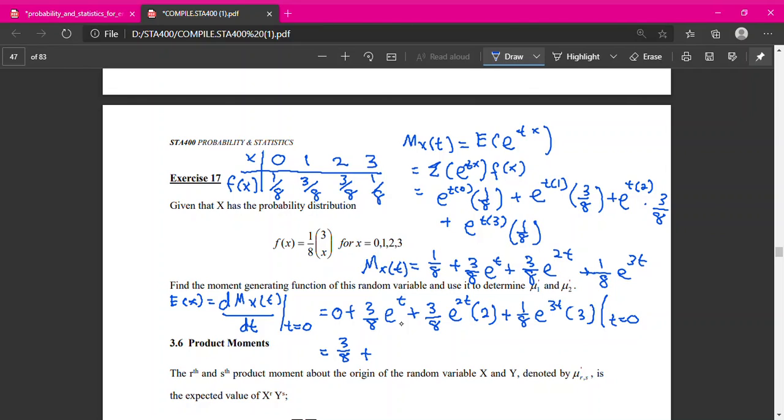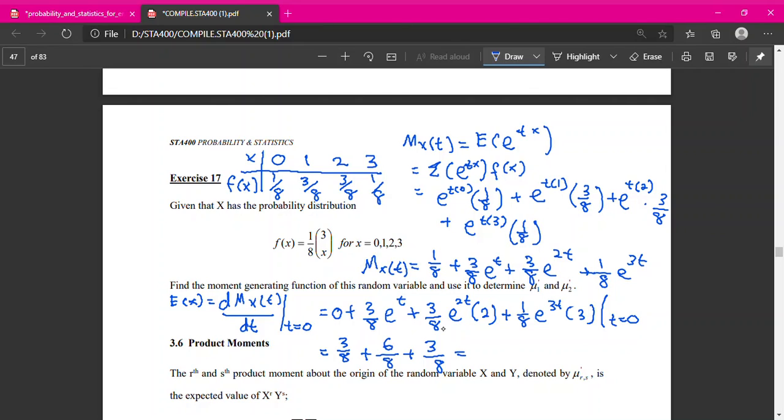E power of 0 will be 1. Then it should be 6 over 8 plus 3 over 8. Yes. Okay. Okay, dah. Okay. So you akan dapat this.